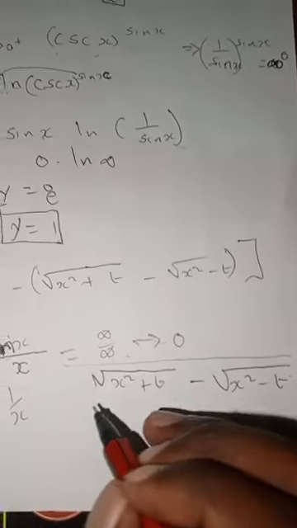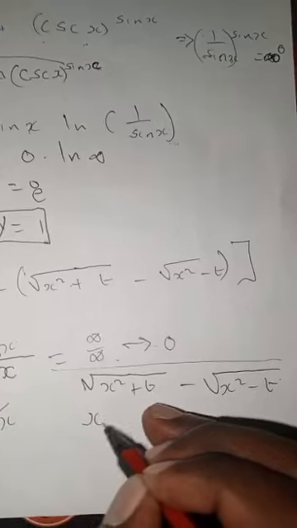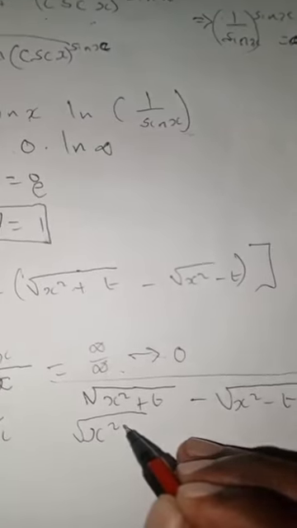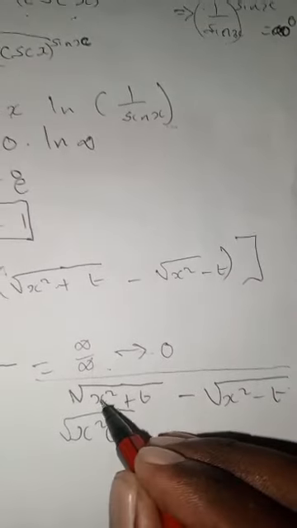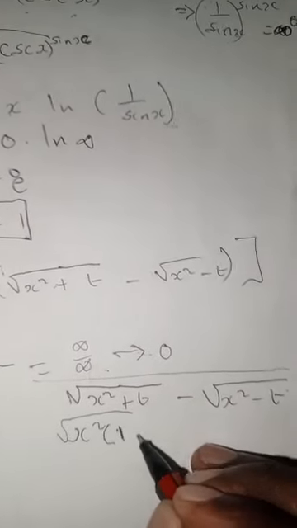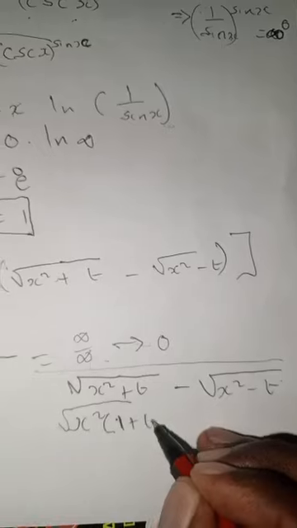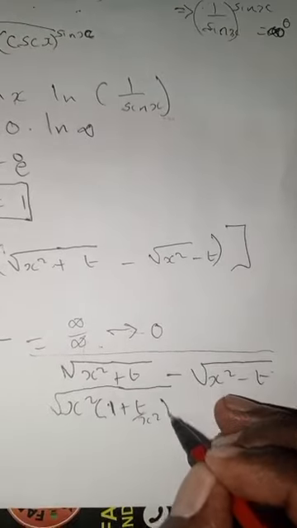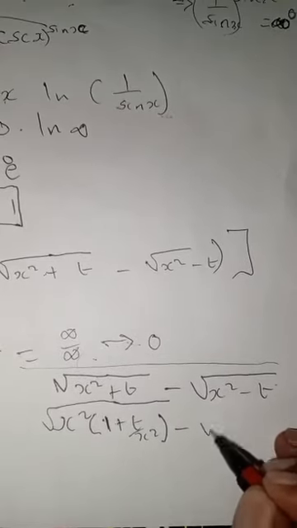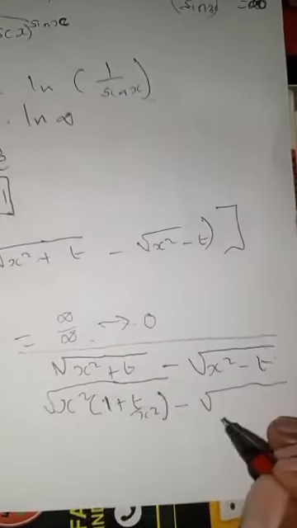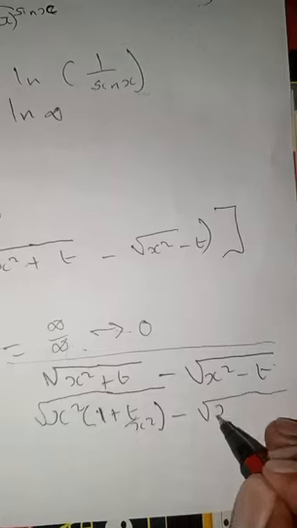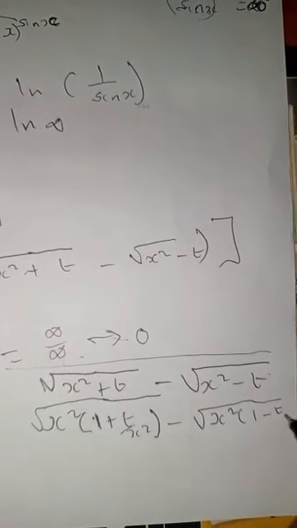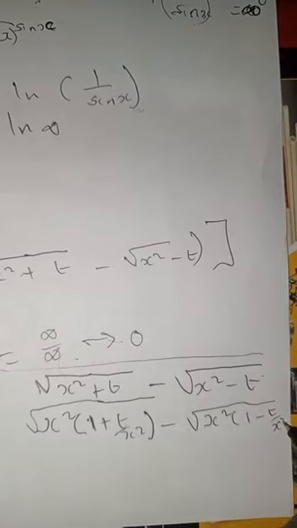For me, I usually really prefer the factorization method. So for the first part, I'm going to factor out the x squared in each bracket. When I factor out x squared here, I'll remain with 1, then plus t over x squared. I will also do the same for the second part: x squared factored out, then 1 minus t over x squared.